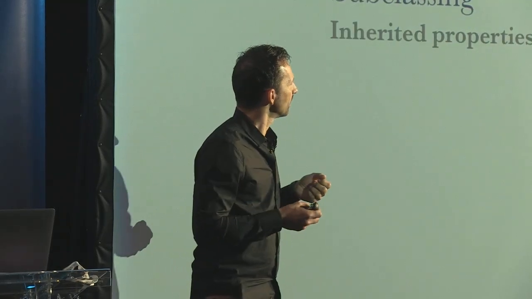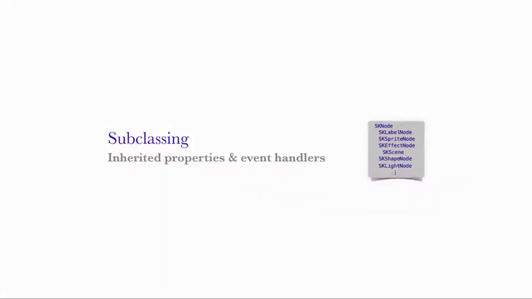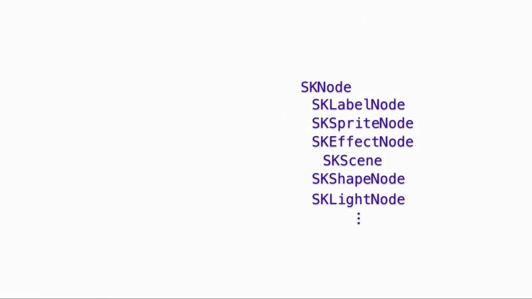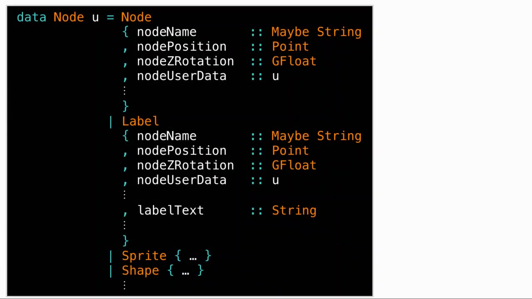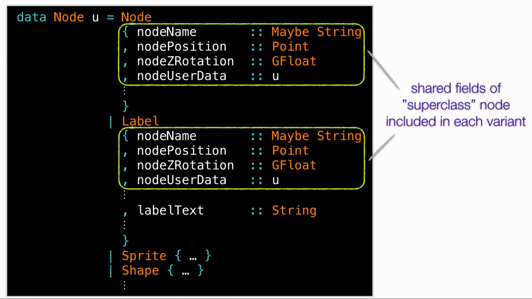All right, so let's start with the whole class hierarchy mess. Well, there was this hierarchy, and I already said putting the scene thing in there is just an implementation quirk, so we are not going to worry about this too much. And then, it almost looks like a sum type. So let's just make it into a sum type. And so we have a variant for each of the different types of graphical nodes which can be in a scene. And then the first one represents the abstract base class, and all its fields are repeated in the other variants.